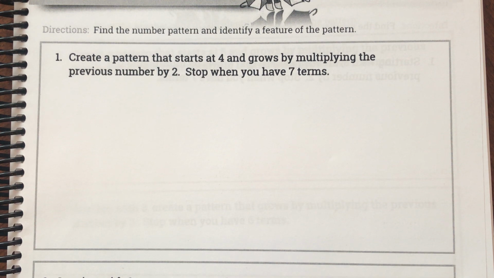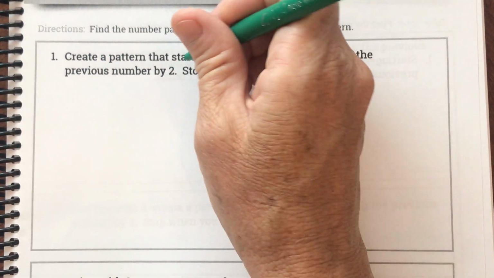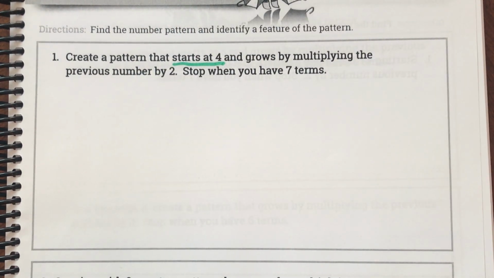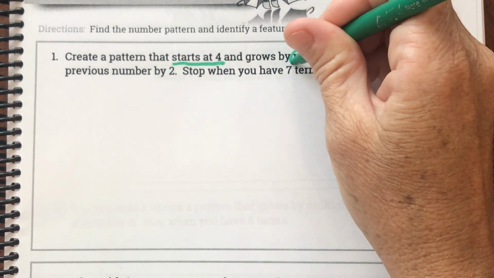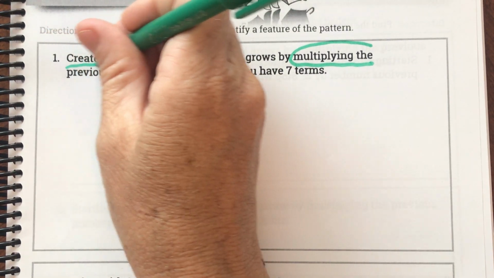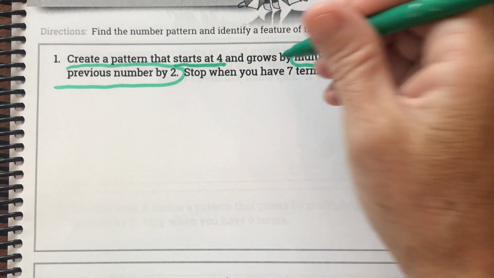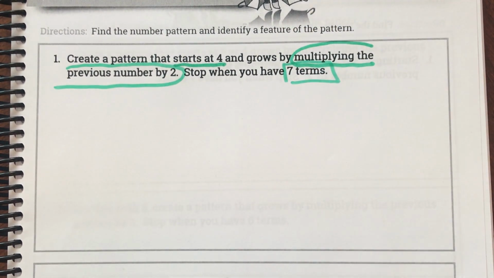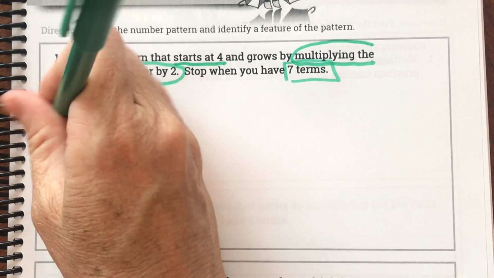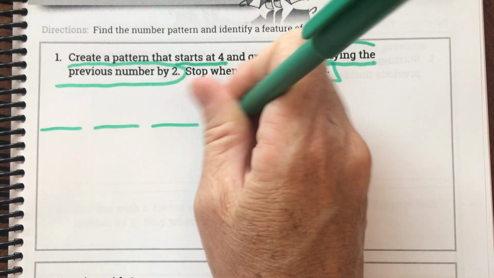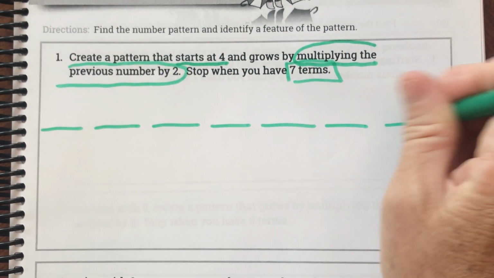Okay, so it says create a pattern that starts at 4. Our rule is and grows by multiplying the previous number by 2. And stop when you have 7 terms. Okay, so we need 7 lines. 1, 2, 3, 4, 5, 6, 7.